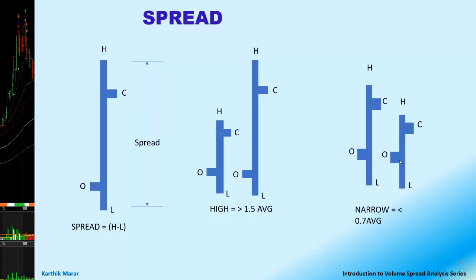If the current bar is less than 0.7 times the average spread value, then we will call it a narrow or a low spread.